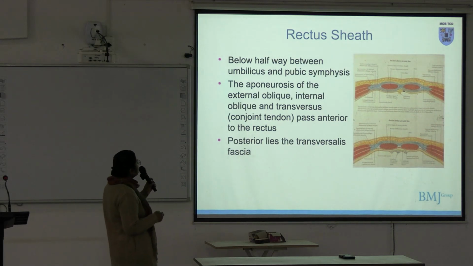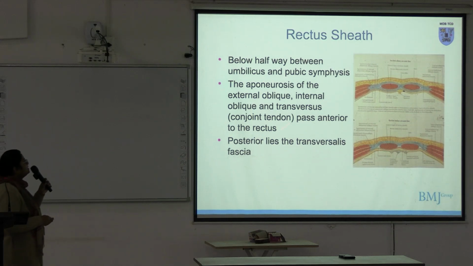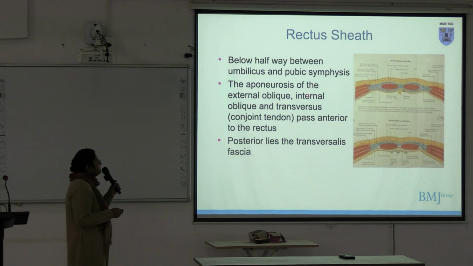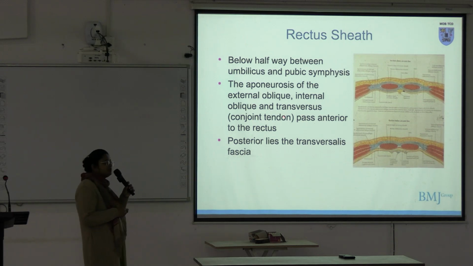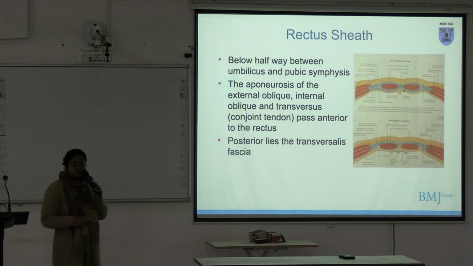Below the halfway point between the umbilicus and pubic symphysis, the aponeuroses of external oblique, internal oblique and transversus abdominis, the latter two forming the conjoint tendon, pass anterior to the rectus abdominis, and posteriorly it lies over the fascia transversalis.